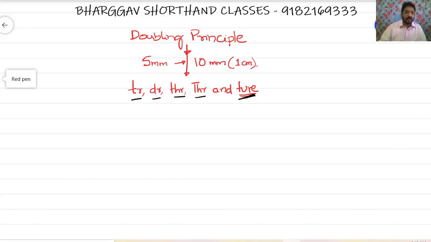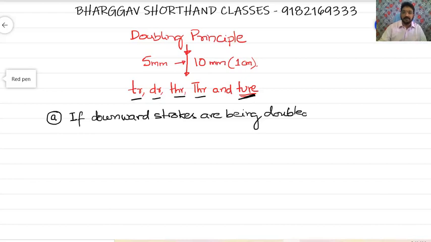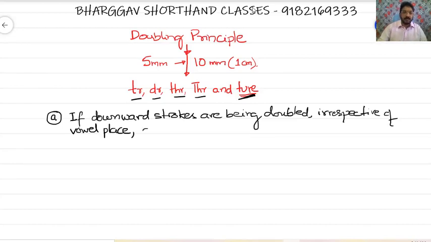This is general rule. Under this, let me start with A. If downward strokes, I can say downstrokes also, if downward strokes are being doubled, irrespective of vowel place, means it can be first, second or third, irrespective of vowel place, consonant passes through the line, because it is 1 centimeter, passes through the line.